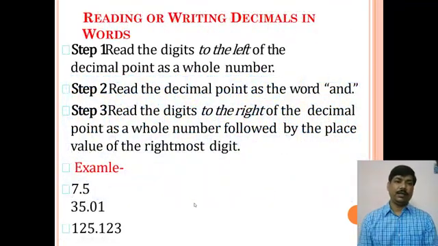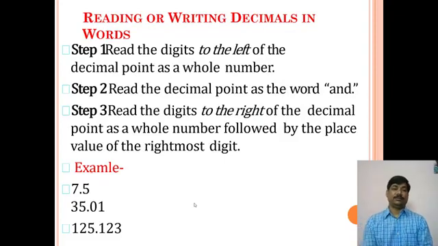Now, how do we read and write decimals in words? We can read and write decimals in words in two ways. To read and write them, we have to know some facts.